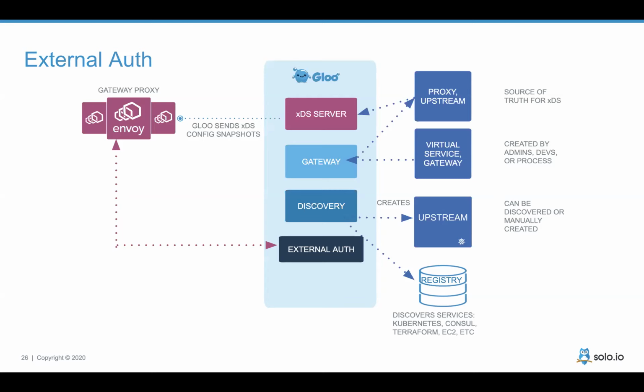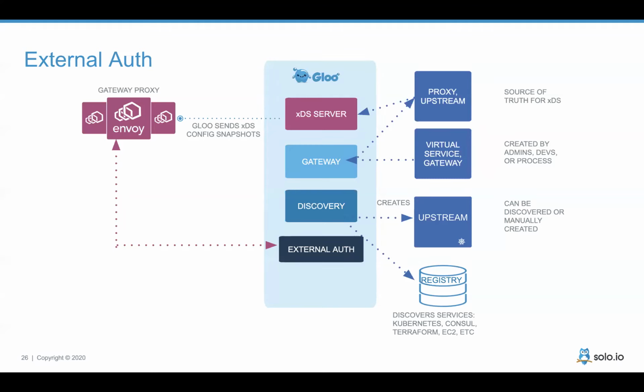Envoy has a webhook endpoint for reaching out to an implementation of an auth API. If that's hooked up to a route or to a listener, then when the request comes in, Envoy on the request path will send that request to the external auth server, ask to check the request, and only continue down the filter chain and route the request if the check is okay.